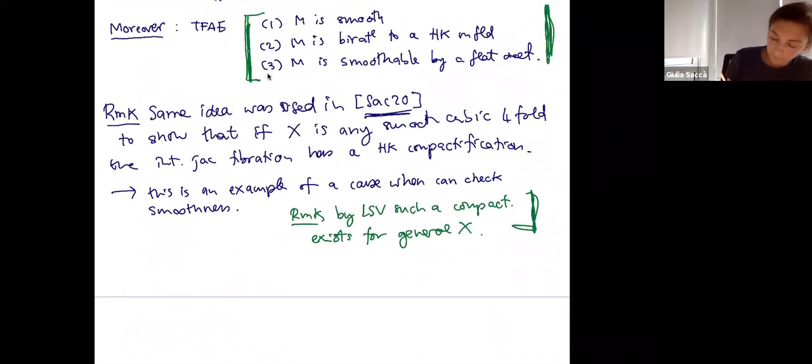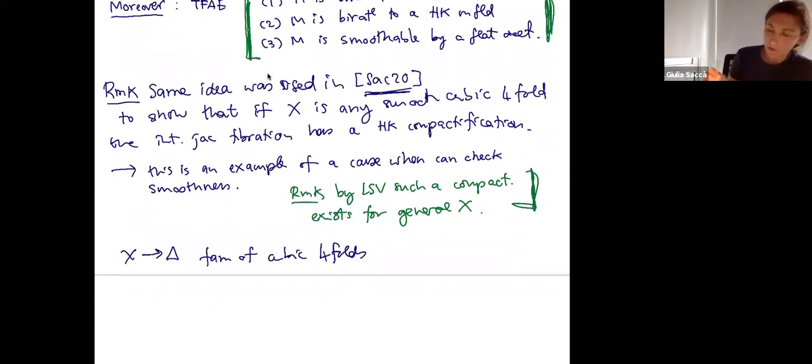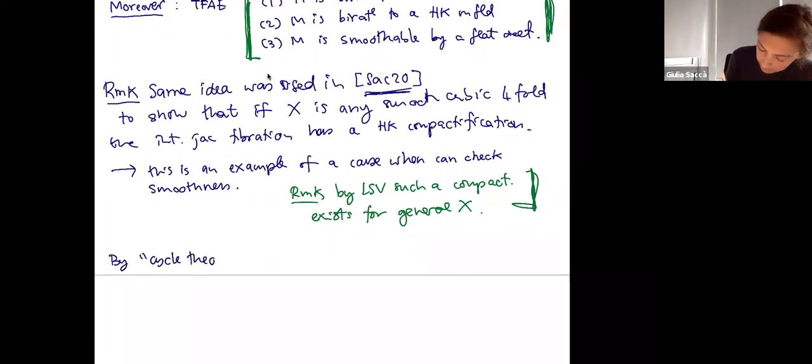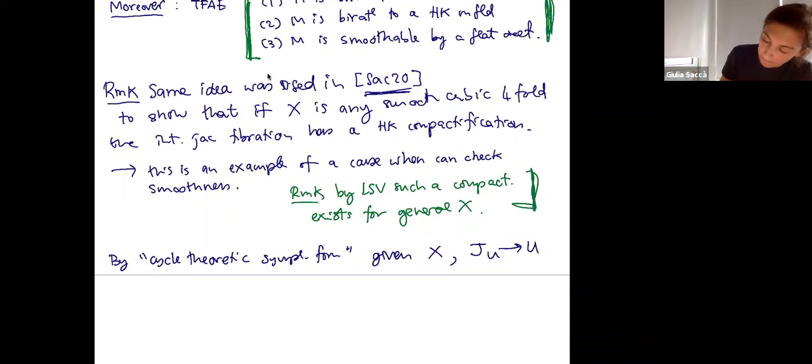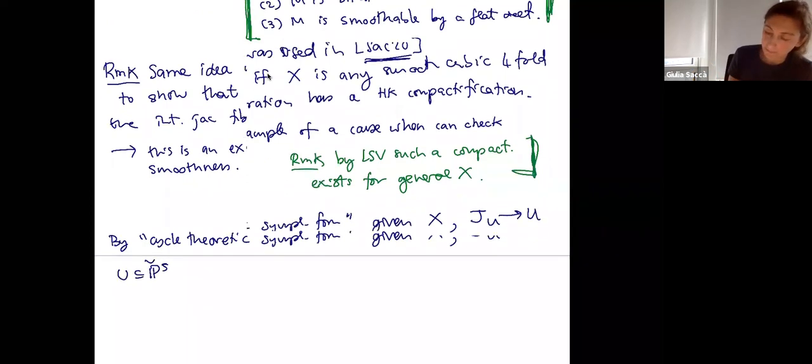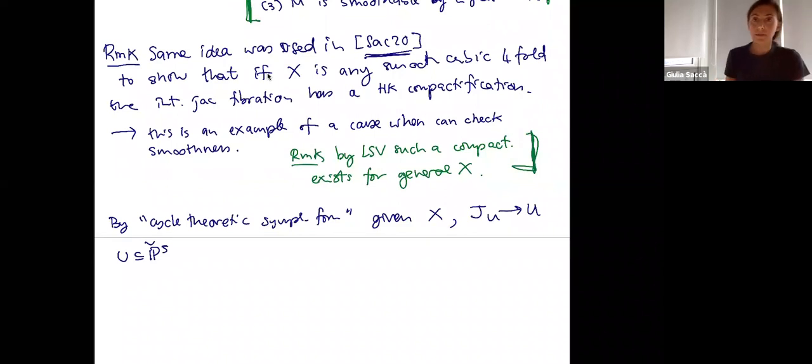So if I have a family of cubic fourfolds, then actually, maybe let's say before I do that, by the cycle-theoretic approach to the symplectic form, given X, any smooth cubic fourfold, and given the intermediate Jacobian fibration over the smooth locus of hyperplane sections, then the assumptions of the theorem are satisfied.